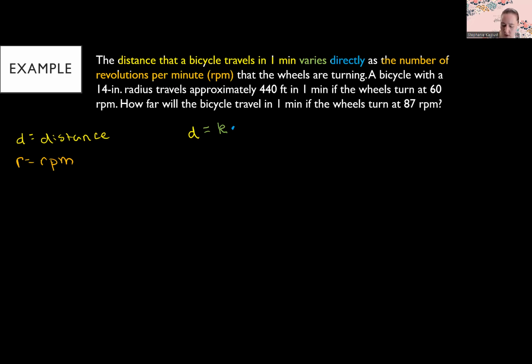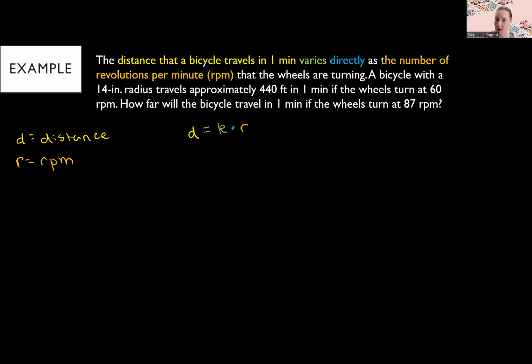So that's going to be after our equal sign. So you can try to color code. I know my orange and my yellow are very similar here. And then color code so you can see what translates as what into your equation here. So we've got D equals KR. So that's the first sentence. That is our model that we write.